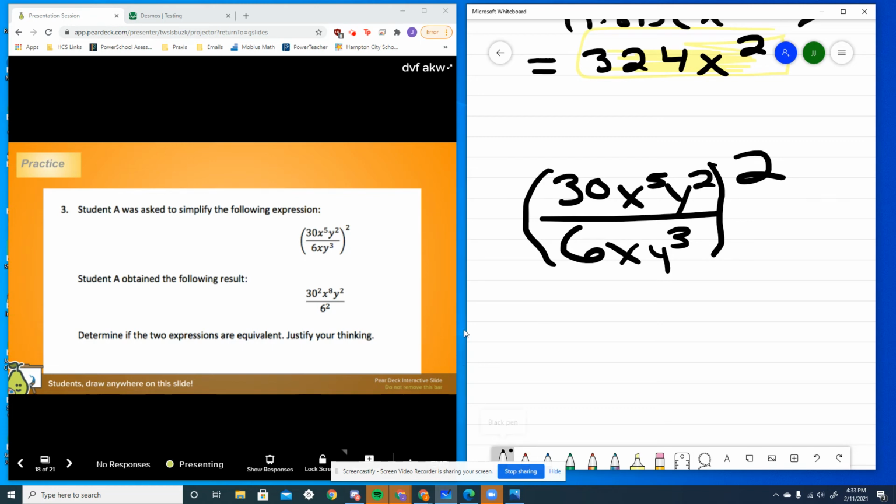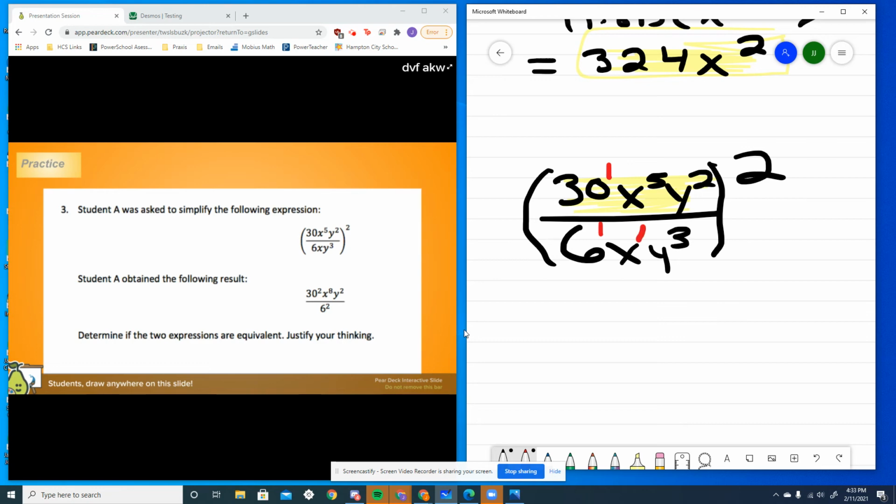Now I realize that this square is outside of the whole thing, so I'm going to use the power of a power rule for each one of these. First I'll do the top half. I'll put an imaginary 1 right here, and an imaginary 1 right there.